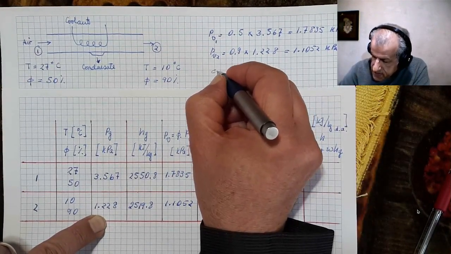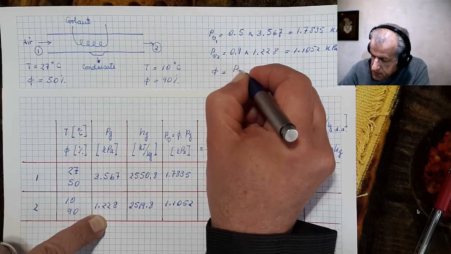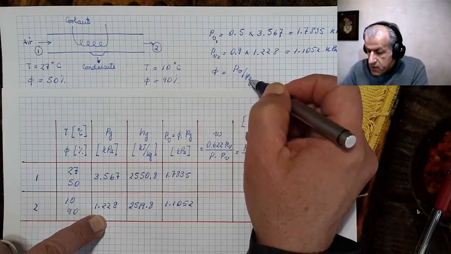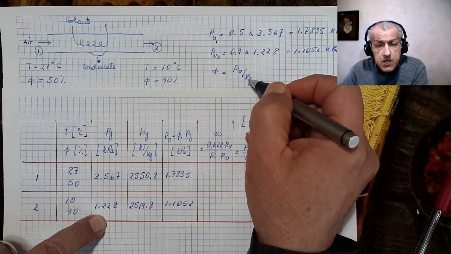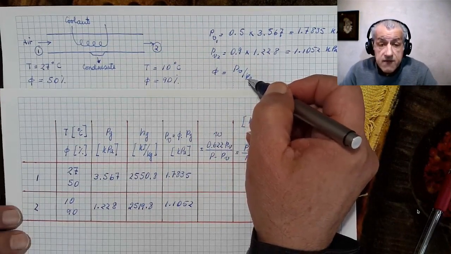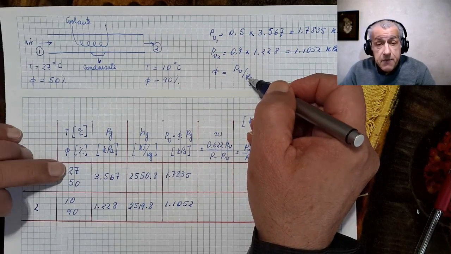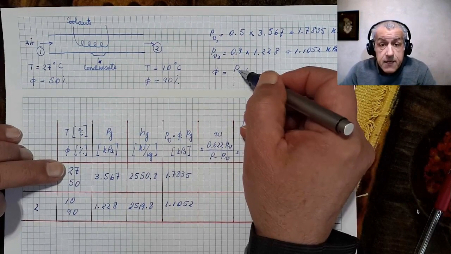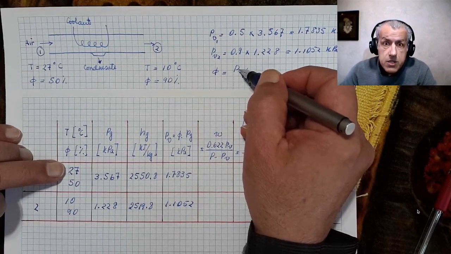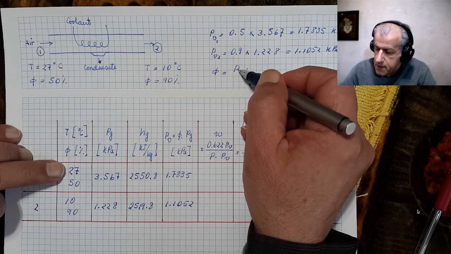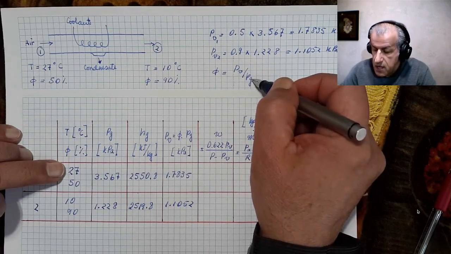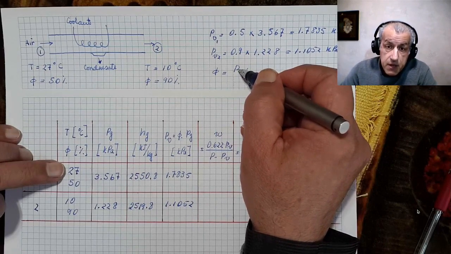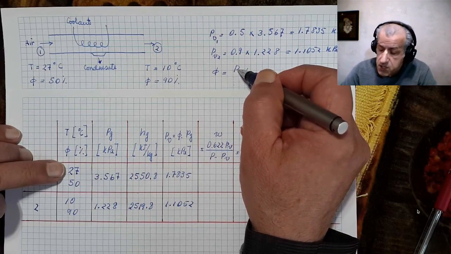You see, we have used one very key equation, which tells us that phi equals PV over PG. It means that you just read the partial pressure of the saturated vapor at the temperature of the mixture you have. This is PV, the partial pressure of the real vapor. This is the saturation pressure, and this is the partial pressure of the water vapor you actually have in your mixture.